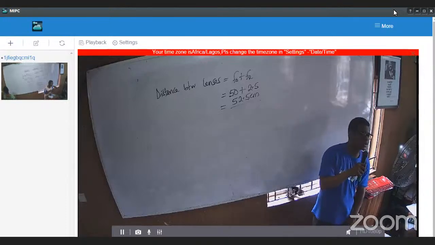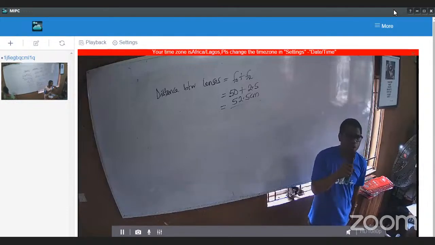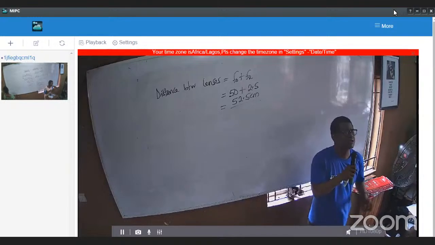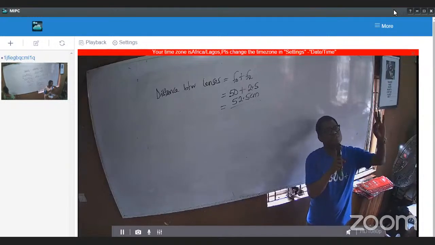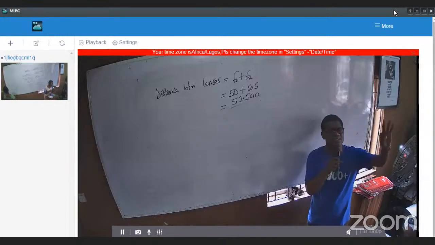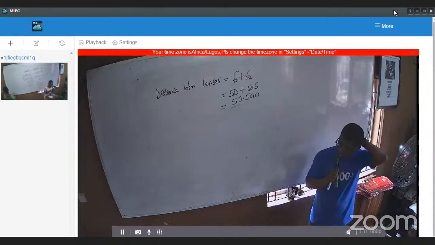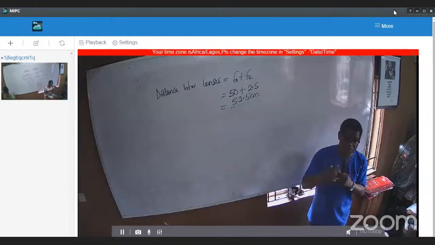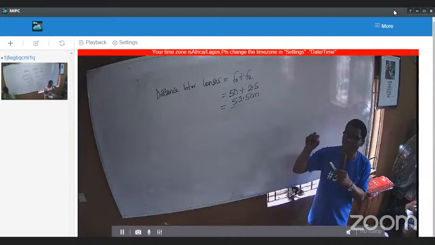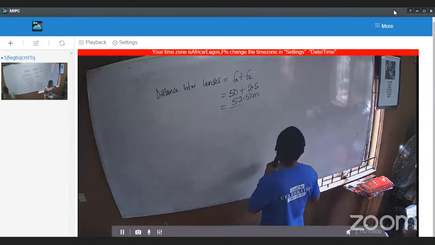When is a telescope said to be in normal adjustment? Final image is at what? When the focus of the objective and that of the eyepiece coincide.